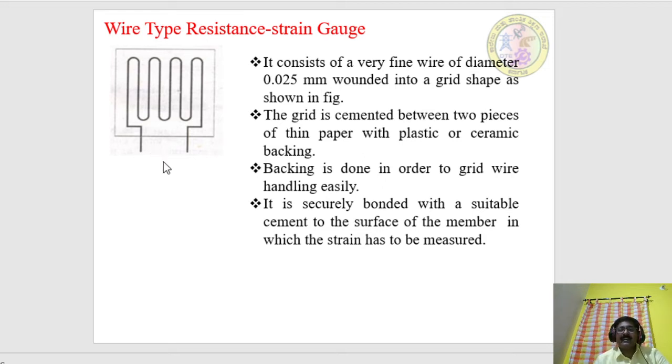A backing is provided so that the grid wire can be handled easily, and it is secured and bonded with a suitable cement to the surface of the member in which the strain has to be measured.